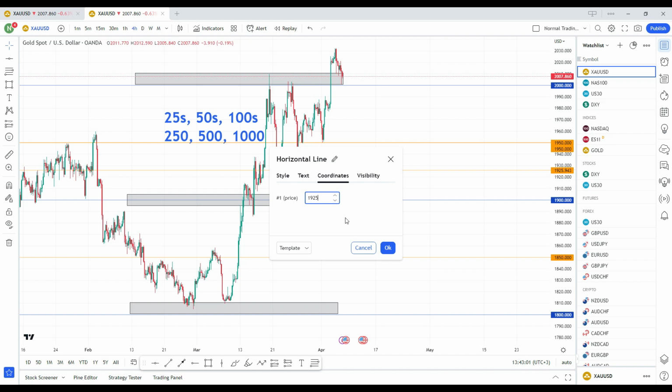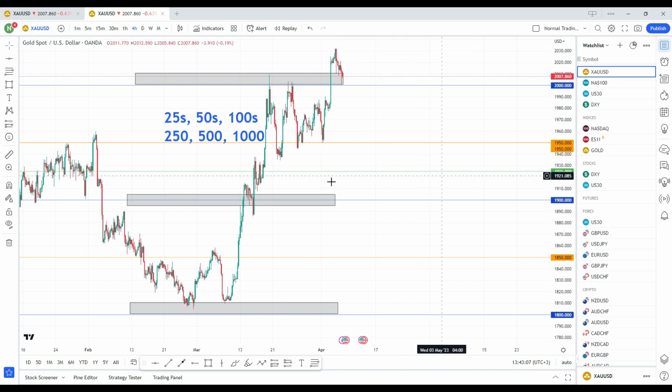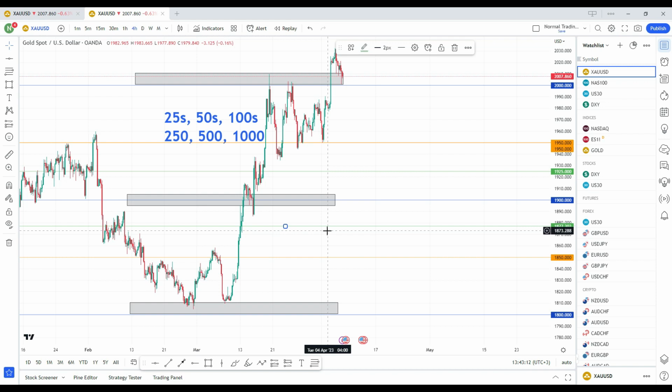I have not tried this with gold, but let's see if I can change the color to maybe green. I'm not sure if this will work. I'm just putting it to test as well.